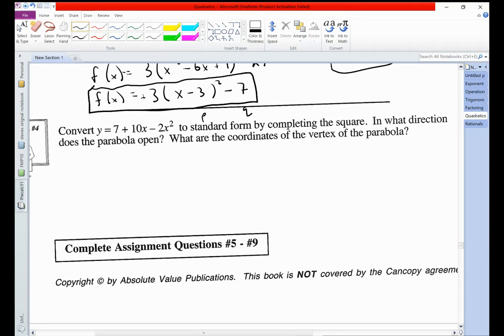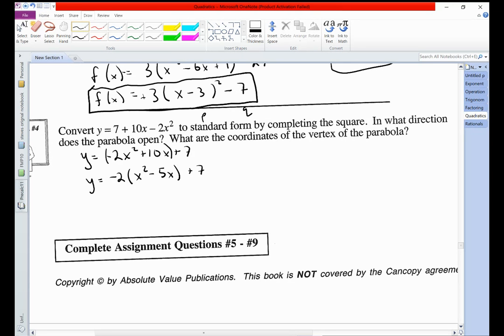So the first thing I'm going to do is rearrange this trinomial so it's in descending order: negative 2x squared plus 10x plus 7. And then I'm going to factor the first 2 terms. I'm going to try to factor that A value out. So it's negative 2 times x squared minus 5x, plus 7.